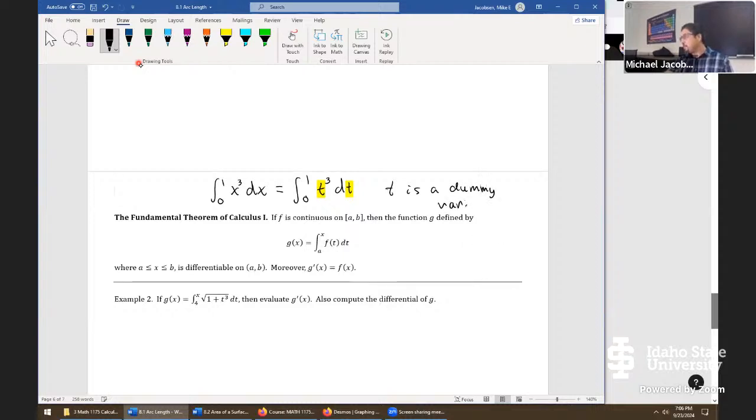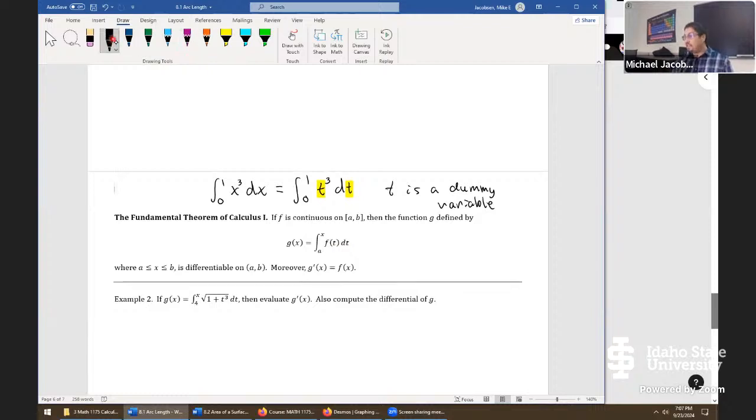In a sense, it's just a placeholder. It's anything that's going to work out in the problem. X is also a dummy variable in this sense. It could have been anything. But the moment we have an x here, we switch to a totally new variable t just to avoid that conflict. If you forget to do that in your work, it's not major, but your work just starts to look weird because x can have two different roles all of a sudden.